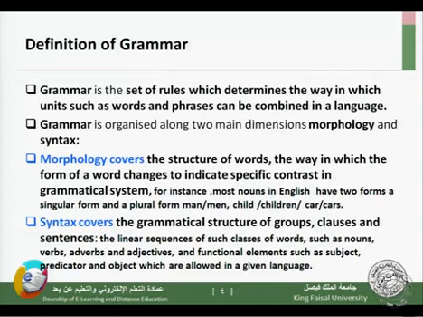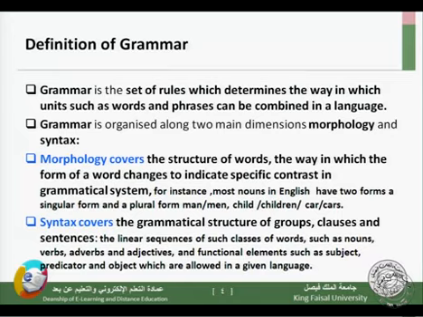Now let's move to syntax. Syntax, to be honest, is a modern term used instead of grammar. In the old days, in the 50s or in the 30s, before the revolution of linguistics, Chomsky, an American linguist, came up with this linguistic theory, performance and competence.